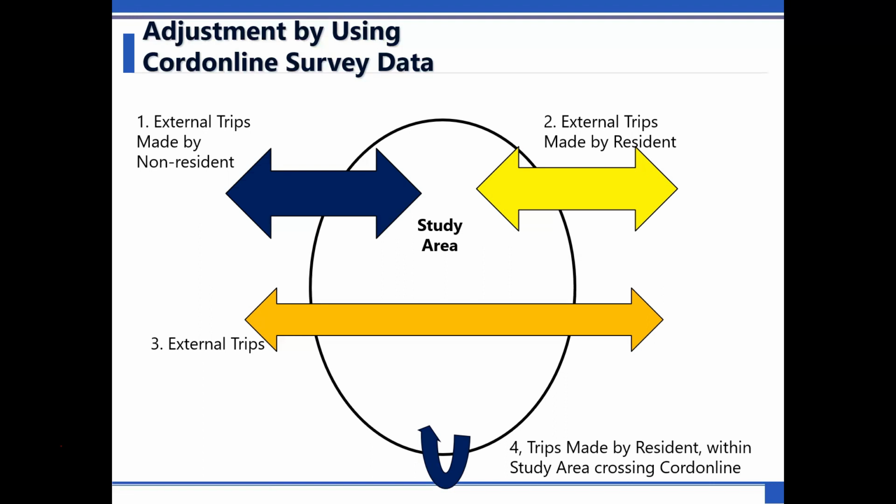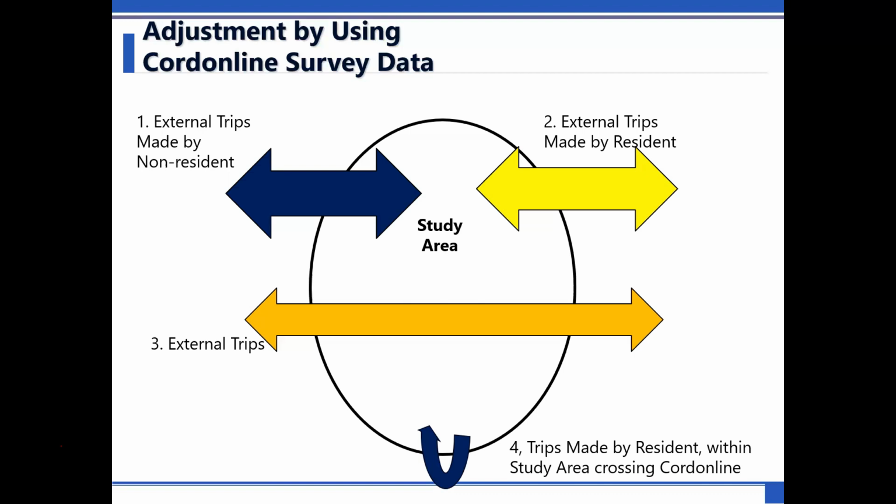Third one, this orange line, is the external trips made by non-residents through the study area, which do not have a destination within the study area. This is the so-called through traffic. The traffic also can't be captured in the person trip survey.